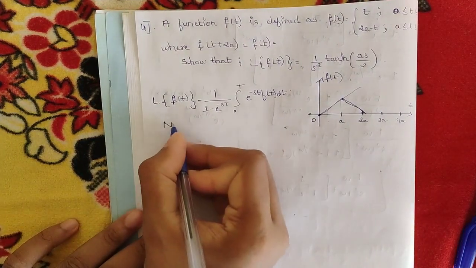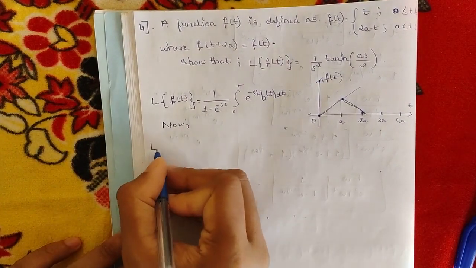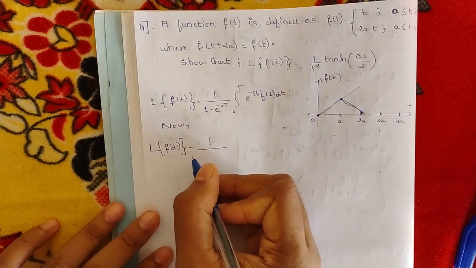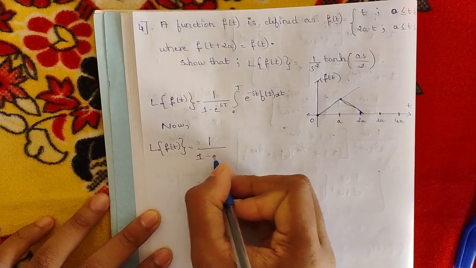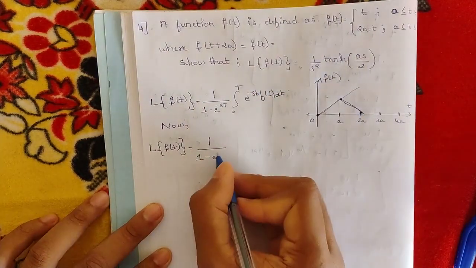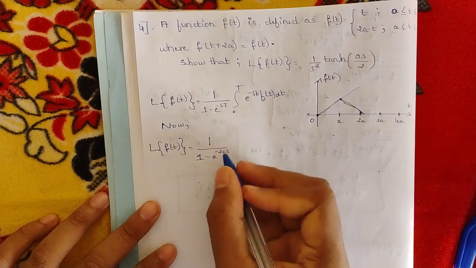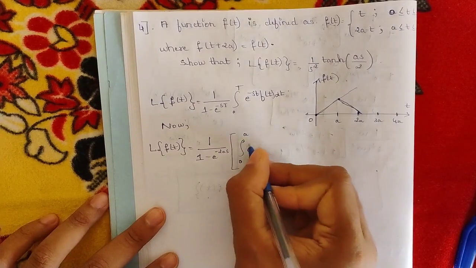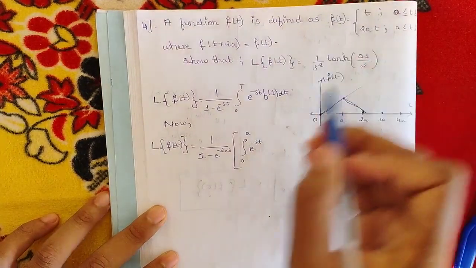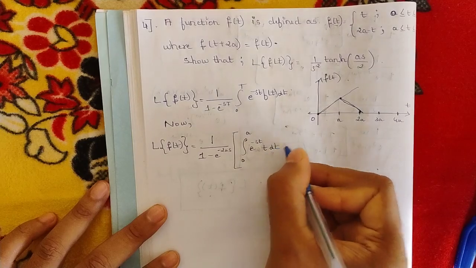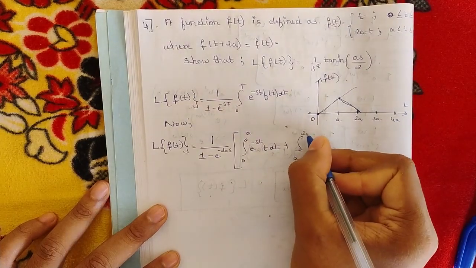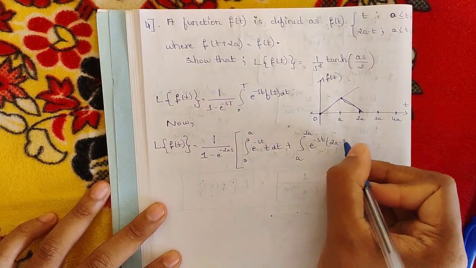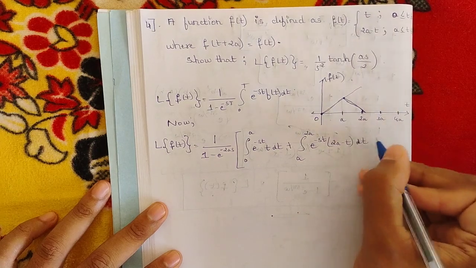So now L of f of t is equal to 1 divided by 1 minus e to the power minus 2as, into, first the limits are from 0 to a, e to the power minus st, the value of f of t is equal to t, plus from a to 2a, the value of f of t is 2a minus t, dt.